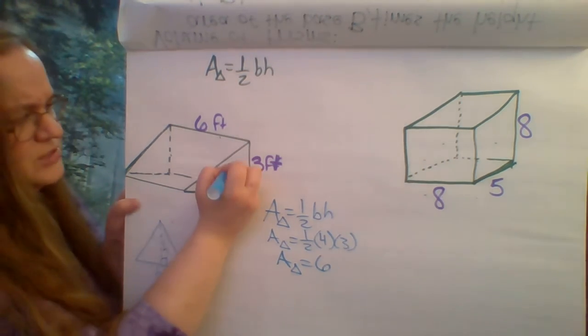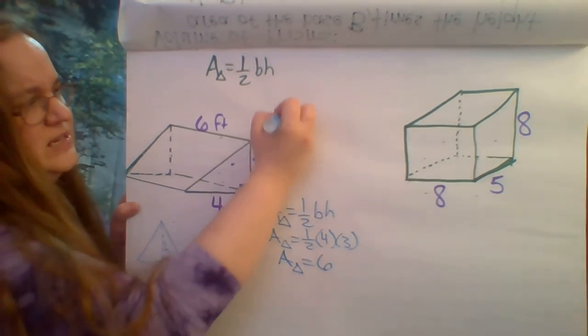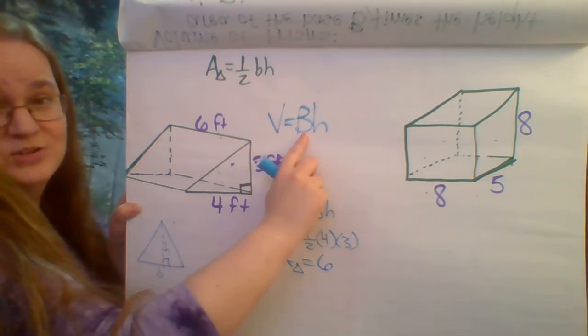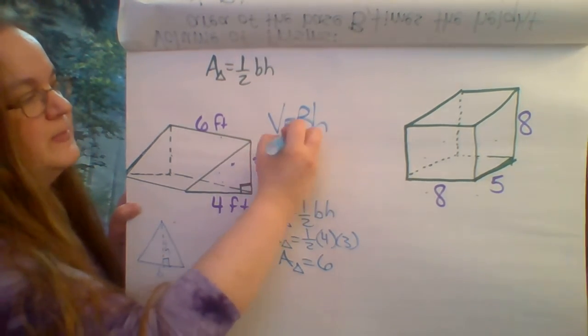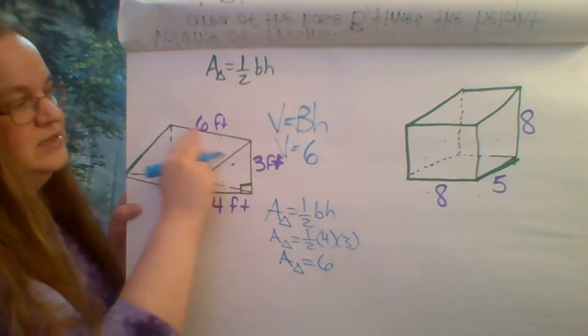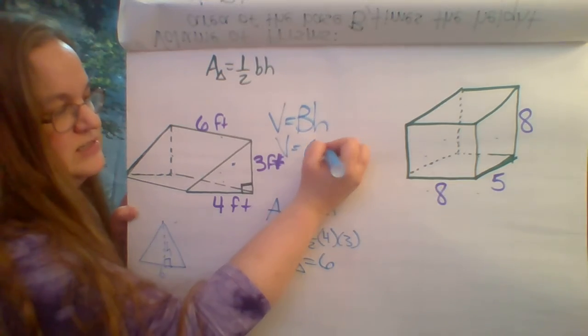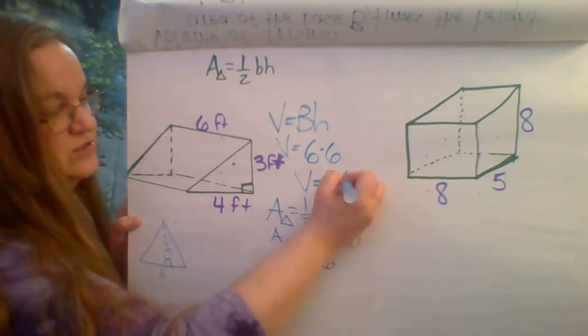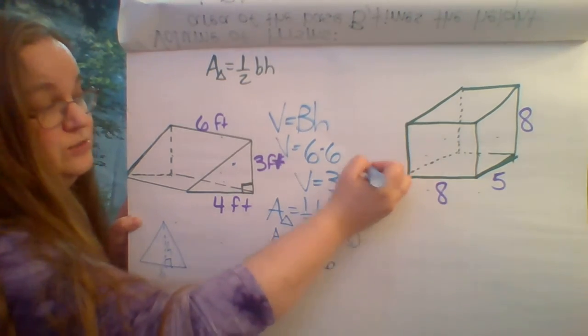Now I'm going to take my volume equals base times height. So the area of the base, notice it's a big B instead of a little b, is 6, times my height, which is 6. So 6 times 6 is 36. So this is 36 feet cubed.